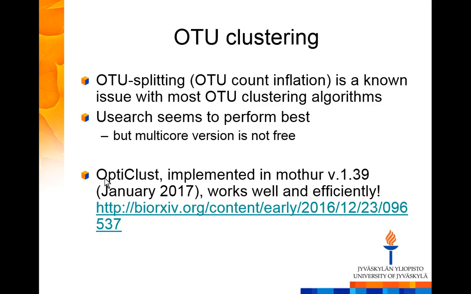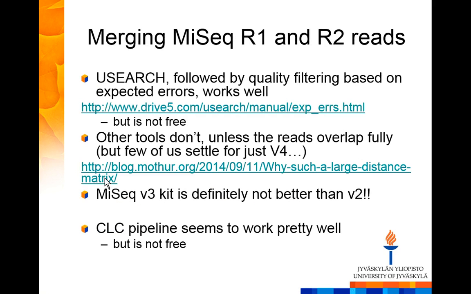And again, the multi-core version is not free, and that is actually an issue, because I think this merge is something you can probably even do using the single core version of USearch, because for the merging you could process your data in different batches.